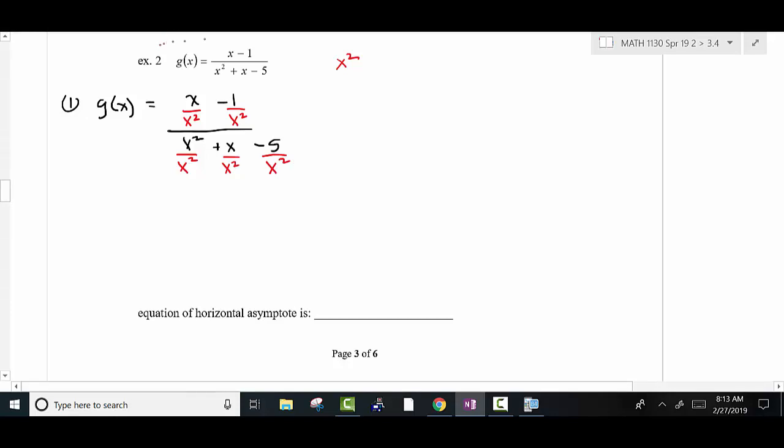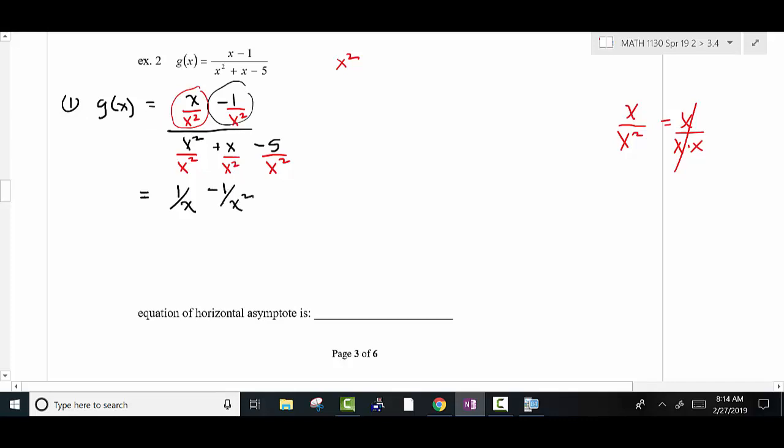All right, so what happens on this one, if you look at these pieces right here, like this first piece, if you're doing x over x squared, now you can do that in your head, but what happens is one of the x's crosses out, so that's 1 over x. This thing's already simplified, so you just bring that down as 1 over x squared.